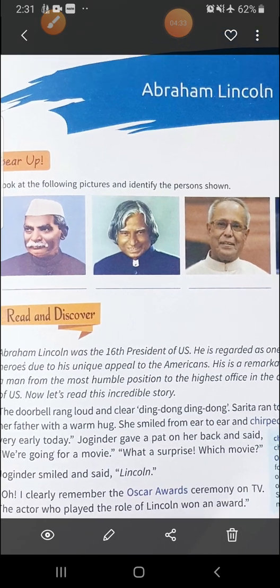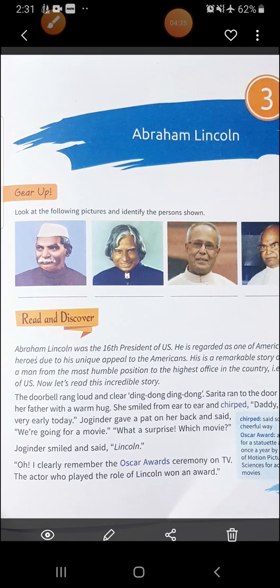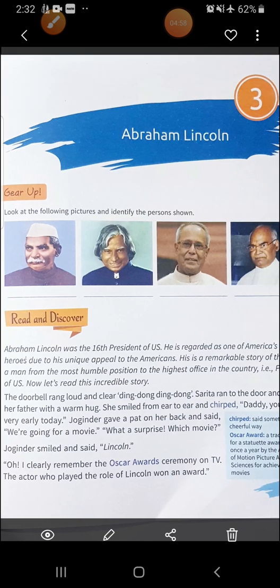Remarkable means extraordinary story, and we will study how he reached from the most humble position to the highest office. You know, the president position is the highest in the country. So how he reached that position, and that too president of US, this is what we are going to study here. His remarkable story, or we can say his extraordinary story.